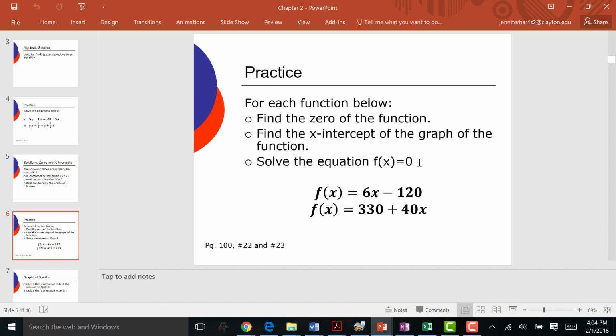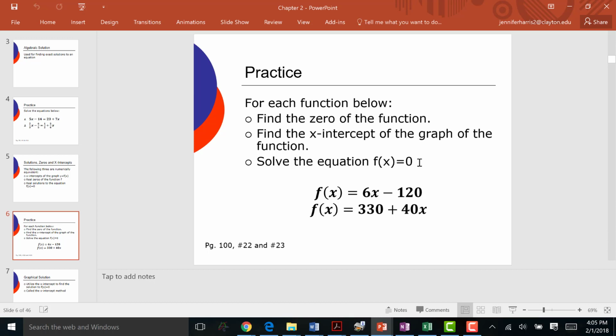To find the zeros or x-intercept, set the equation equal to 0. Then get x by itself. Alrighty, so I'm going to set this equation equal to 0.